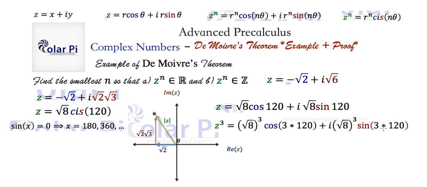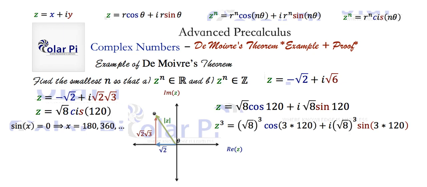So in this part, we're going to get sine of 360, which is beautiful because sine of 360 is 0. So we're going to get I times root 8 cubed times 0. So the imaginary part is going to be 0, and that's what we wanted to keep z real.